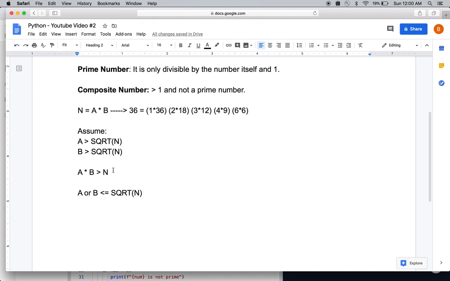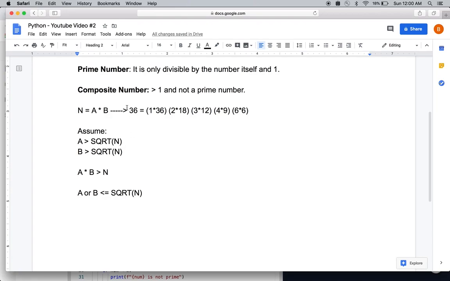That's not possible, since we started with a times b being n. So this assumption is definitely not right. What that means is one of these numbers, a or b, is definitely less than the square root of n. That's the proof, right?